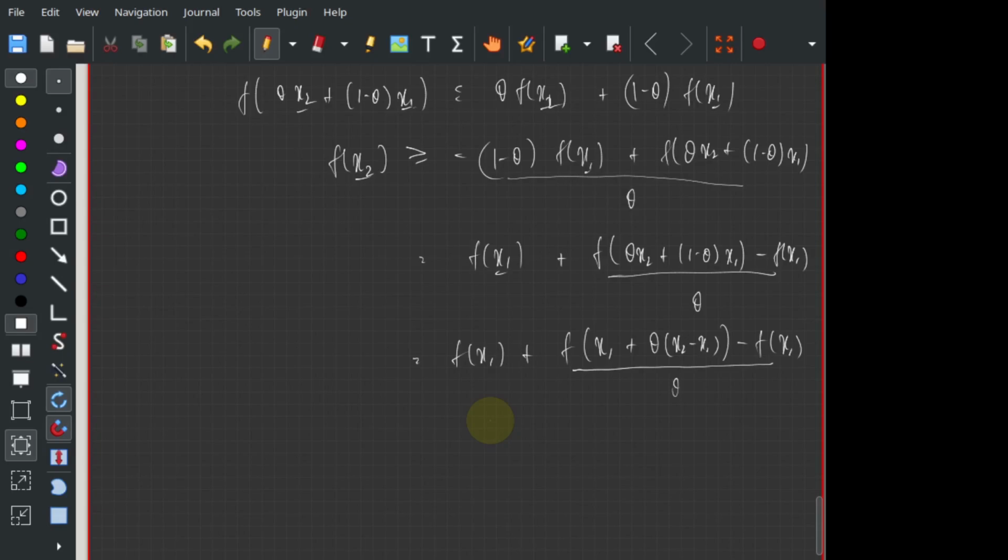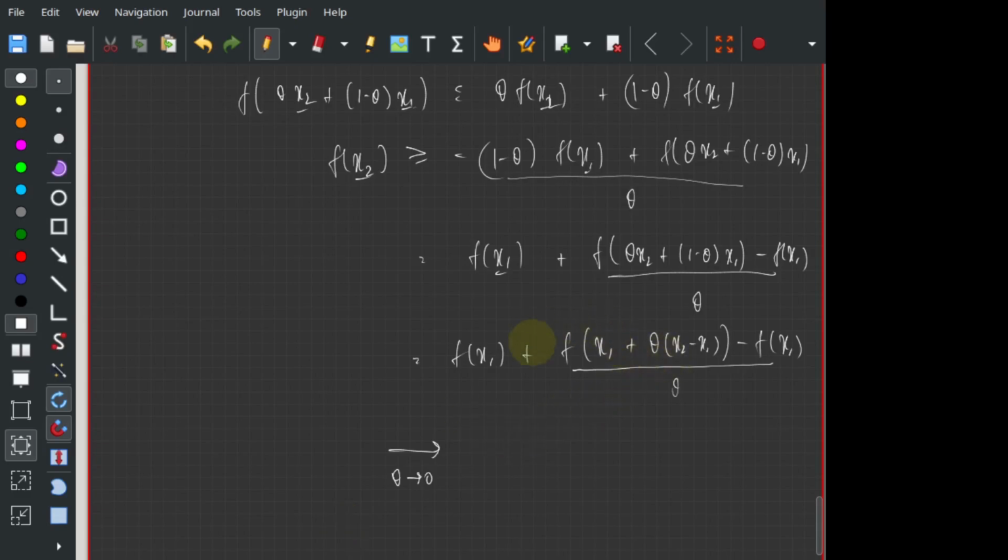So we looked at a similar expression when we studied the gradient. As theta tends to 0, what does this tend to? Yes, divide and multiply by x2 minus x1. Well, x1 and x2 are vectors here. If they're univariate functions, then that's fine, but in general, you can.